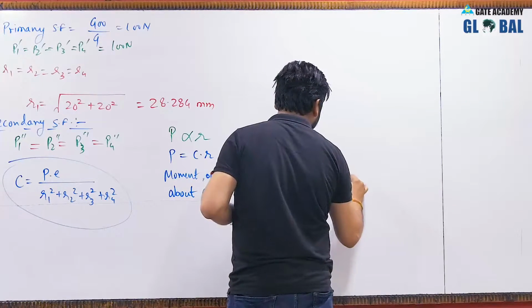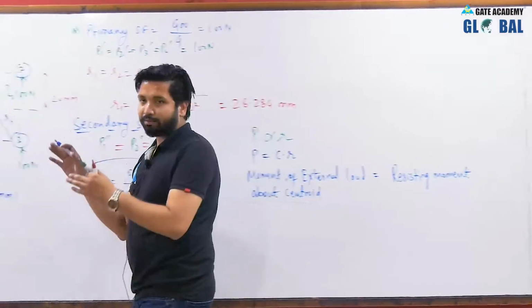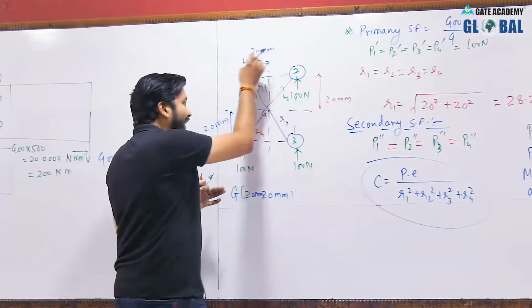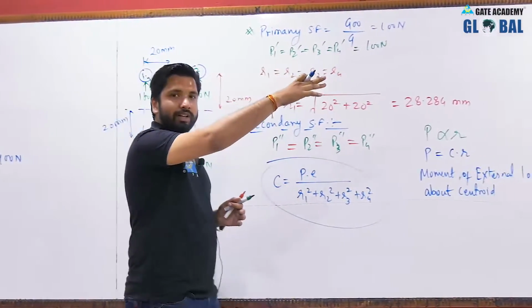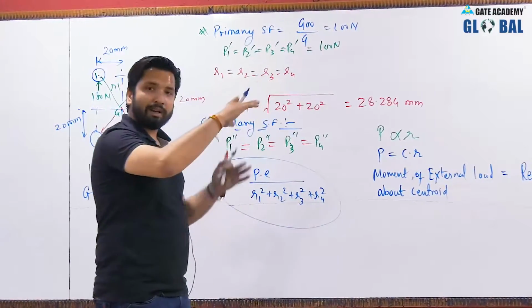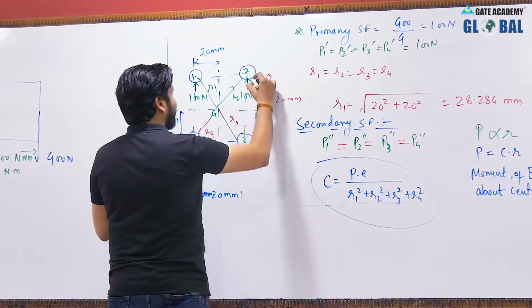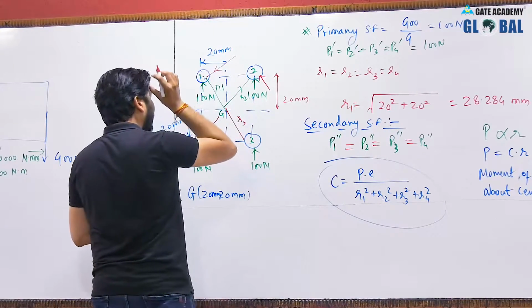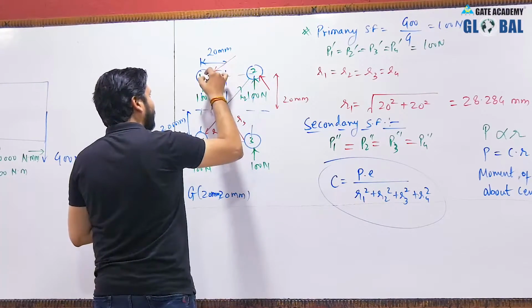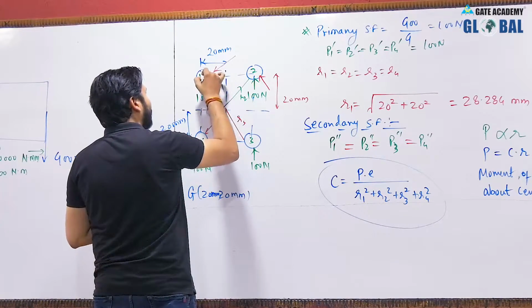The secondary shear force is nothing but the resisting force which creates a resisting moment such that the effect of the external load, that is the moment due to the external load, can be countered. So this will be the direction of the secondary shear force, and we know that the secondary shear force acts perpendicular to the line joining the centroid and the center of the rivet.